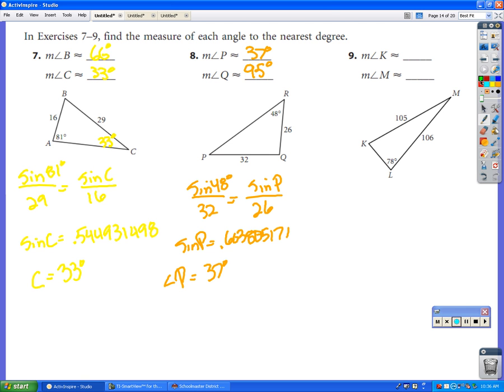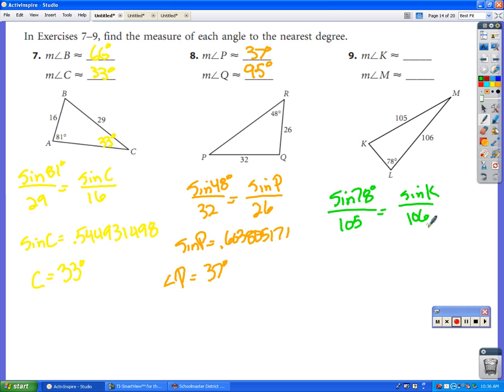Okay, and then it looks like it's the exact same thing here again for the next one. So hopefully you're getting the hang of this. Sine of 78 divided by the length of the side opposite it equals, I'm going to start with K because that is the angle that's across from the side that I know.